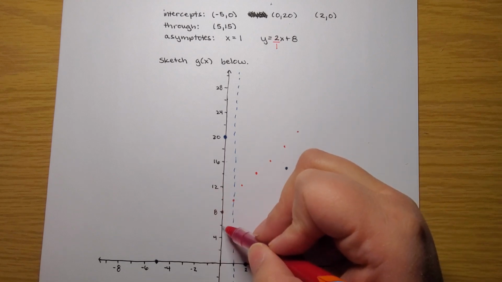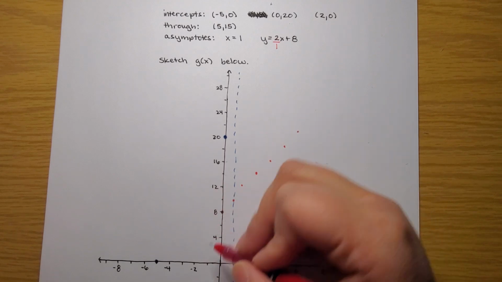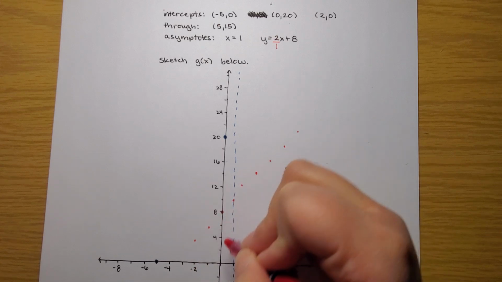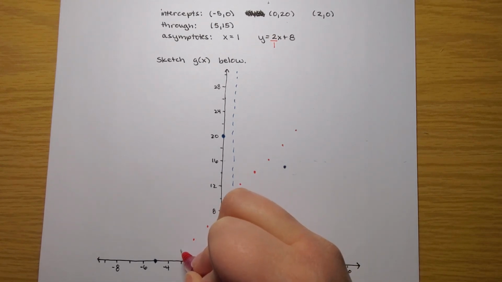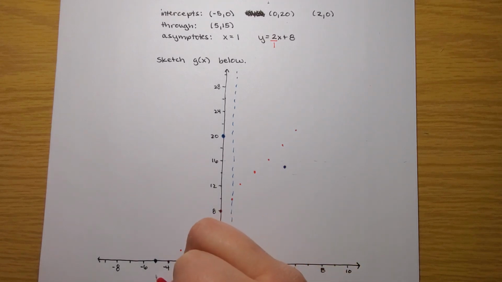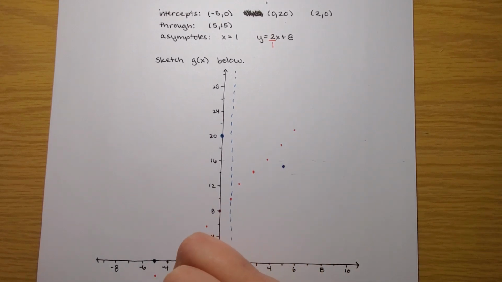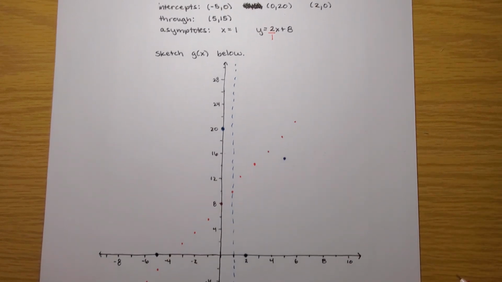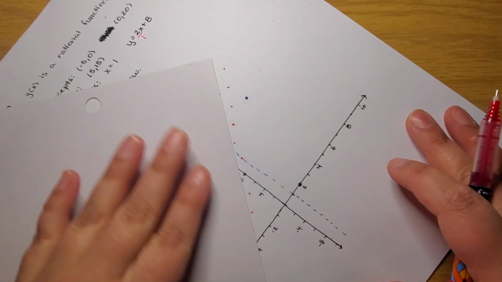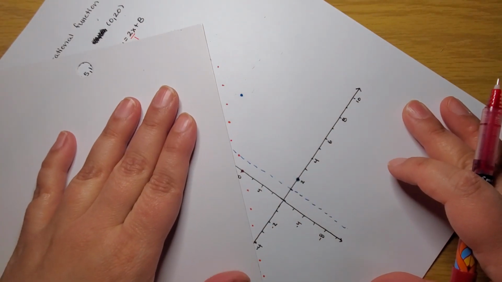And then I'll go down 2 and left 1. Over here. All right, and you don't have to plot all these points, just whatever you can plot to help you graph it. And then I'll bring my cardboard here and connect them.